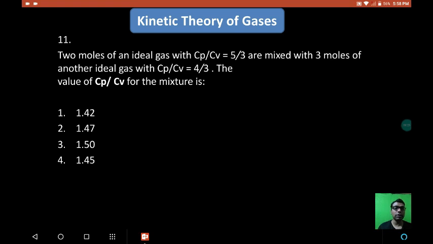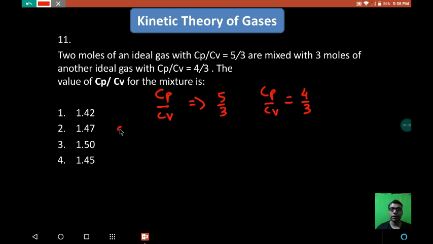So let us solve for this. As we know, the Cp by Cv for gas 1 is given as 5/3 and Cp by Cv for another gas is given by 4/3. So we have to individually find the Cp and Cv for the respective gases. That is for gas 1, whose number of moles equals 2.